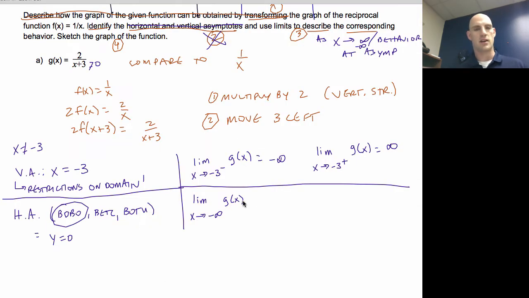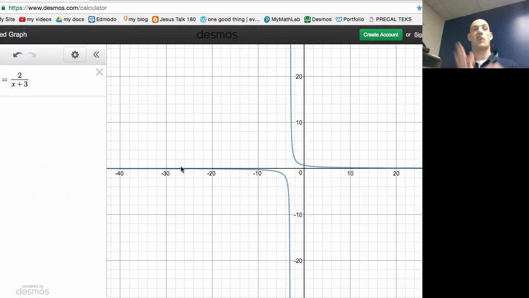Well, in this case, it's going to be 0, and the limit as x goes to positive infinity of g of x is actually equal to 0 as well, because these are going to 0 as my ends go to infinity. Okay, so we're describing the behavior for the vertical asymptotes, what it's doing as it gets there, and also as my horizontal asymptote comes into play as x moves to infinity and negative infinity.